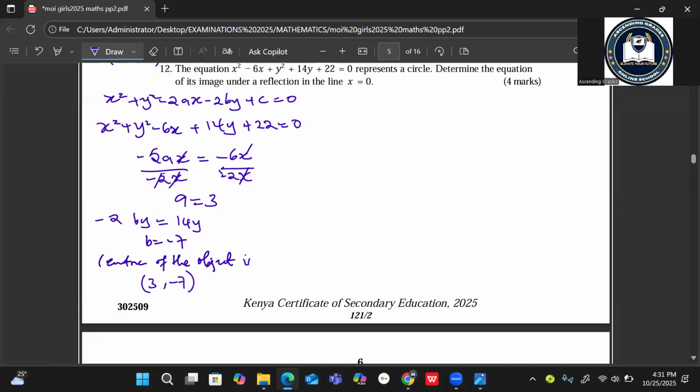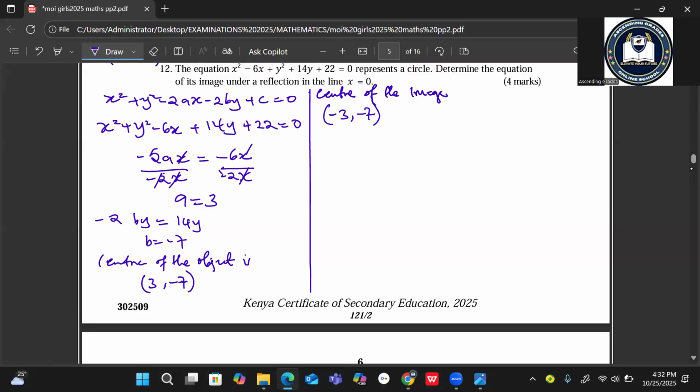Then the center of the image is going to be -3, -7.